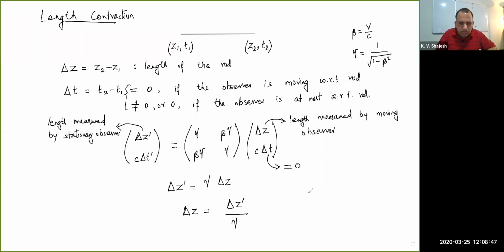And since gamma is always greater than 1, the length measured in the moving frame will always be smaller than the length measured in the stationary frame. Thus, length indeed contracts. And that's length contraction. Thank you.